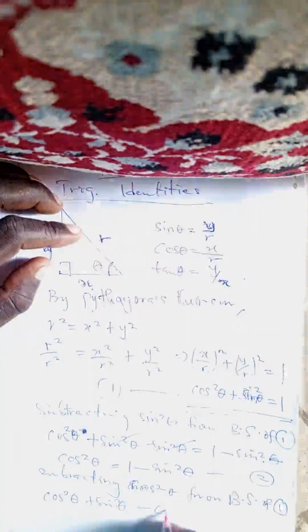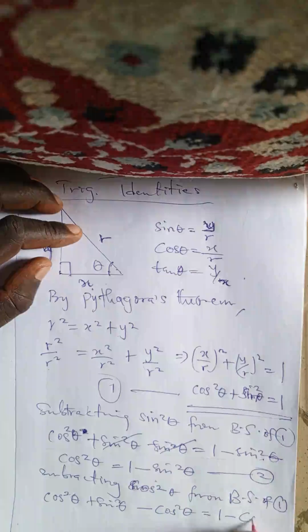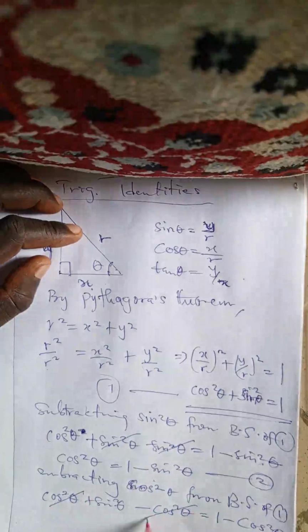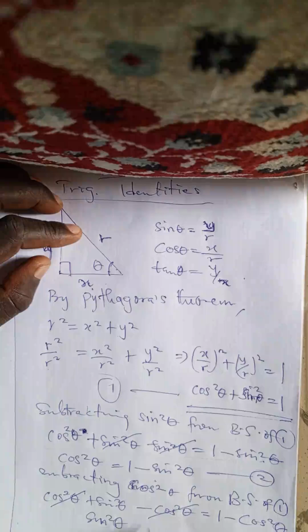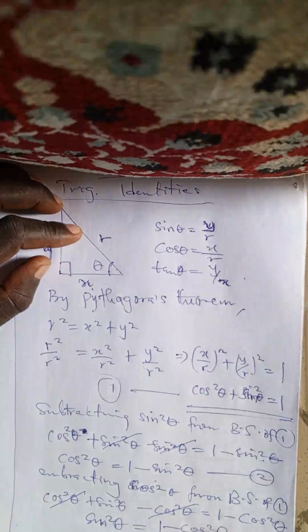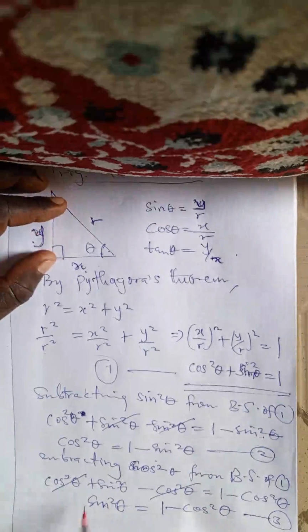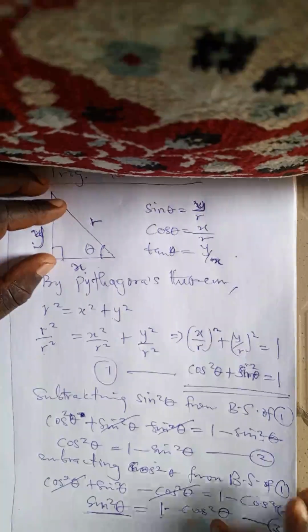So we are asked to subtract cos squared theta, is equal to 1 minus cos squared theta. So cos squared theta will go with cos squared theta. You are left with sine squared theta is equal to 1 minus cos squared theta. And that is equation 3. So whenever you see 1 minus cos squared theta, simply put sine squared theta there.